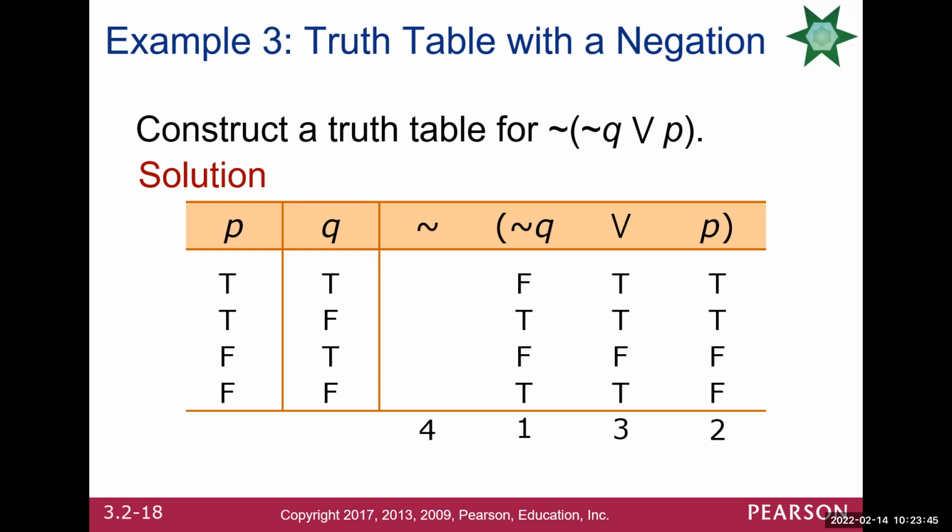So if you go row by row, the first truth value that I have is true. And if you negate a true statement, what you get is false. And then the second row for that third column, the truth value that I have is true. And if you negate a true statement, the outcome is false.